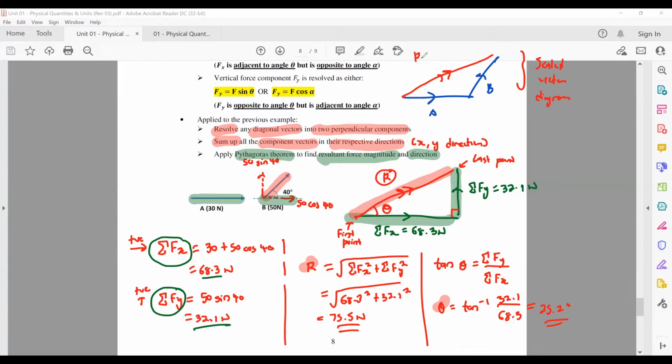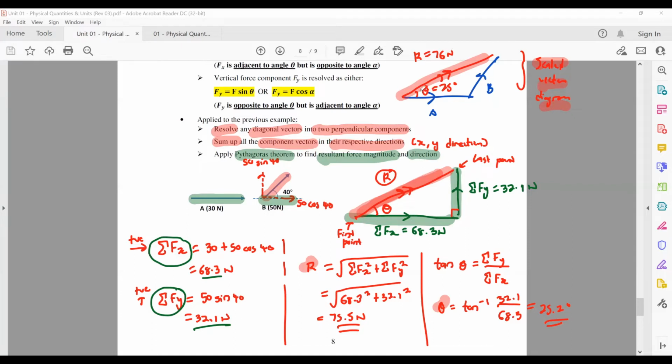We say that R here was 76 Newton, and theta here was 25 degrees. Okay. Now notice that the resultant you have here is actually the resultant you have here. You're actually getting the same thing.